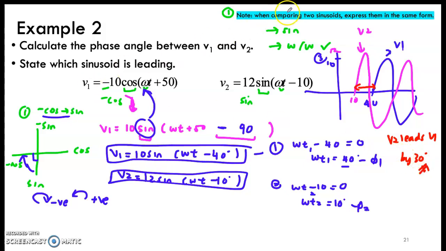Okay. So first step, always check that they are in the same form and convert everything to sine. Then check that the frequency is the same. Then check what omega t1 and omega t2 are, plot the graph, and then you can see which one is leading and which one is lagging.